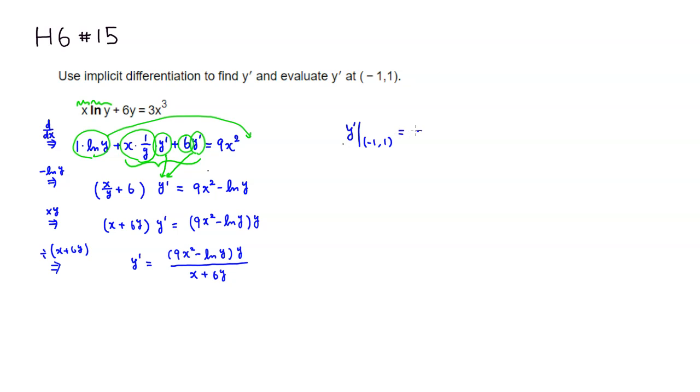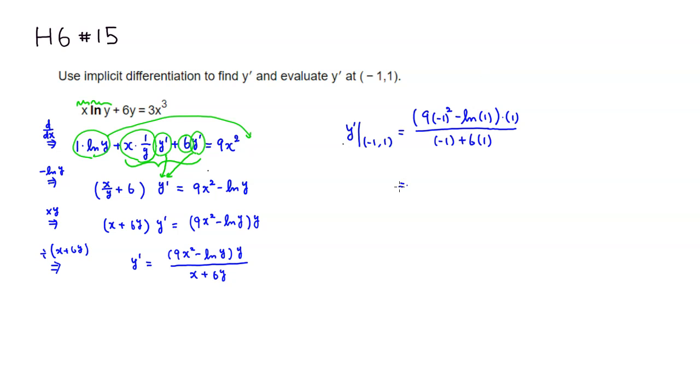So we have 9 times x squared, where x is negative 1 squared, minus natural log of y, where y is 1, times y, which is 1. And in the denominator, x is negative 1, plus 6 times 1.